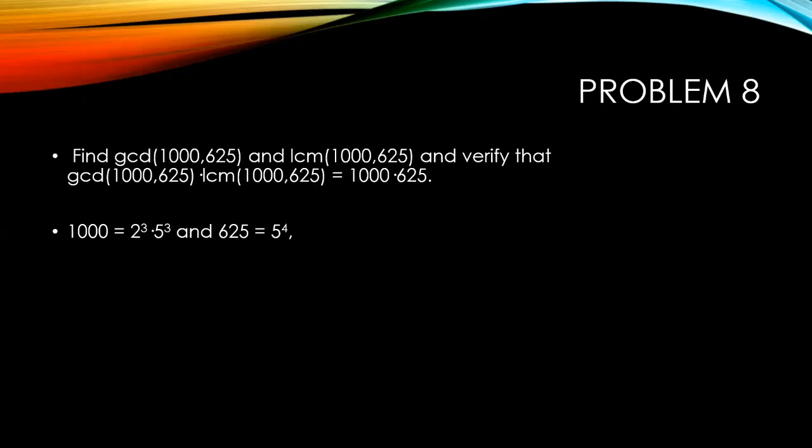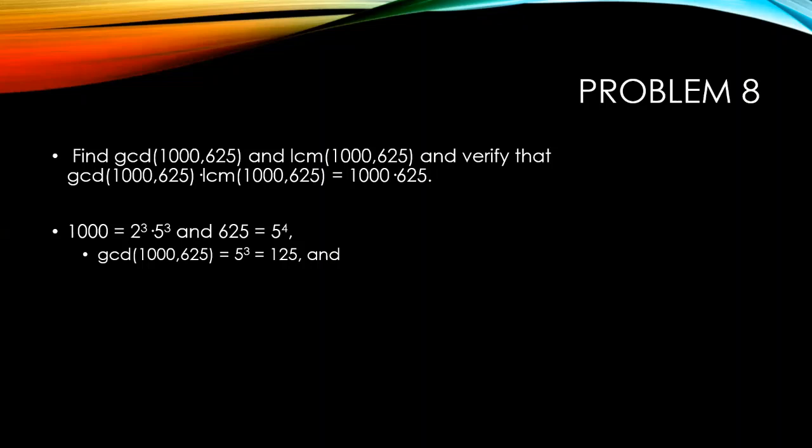So therefore, the GCD is 2 raised to 0 times 5 cubed. Why 2 raised to 0? Because it's not present in our second given, so we choose 2 raised to 0, which is equivalent to 1. So 1 times 5 cubed. Again, 5 cubed is the smallest compared with 5 raised to 4, so that will be the chosen factor. 5 cubed is equal to 125. So this is the GCD.